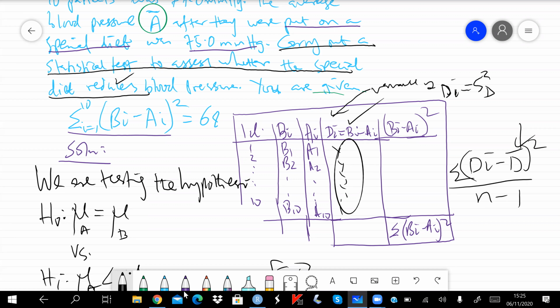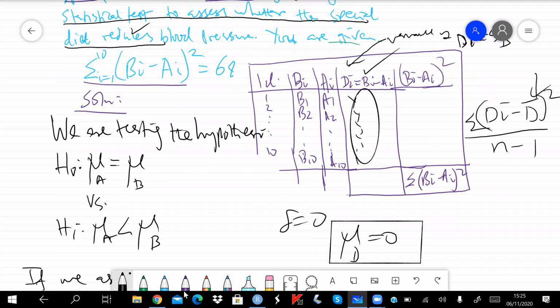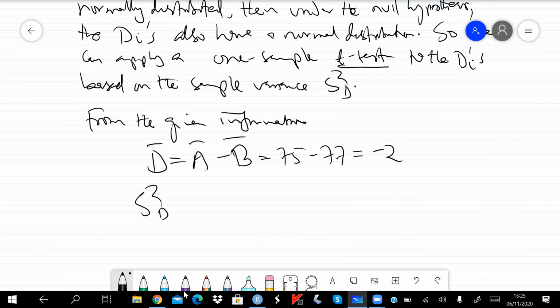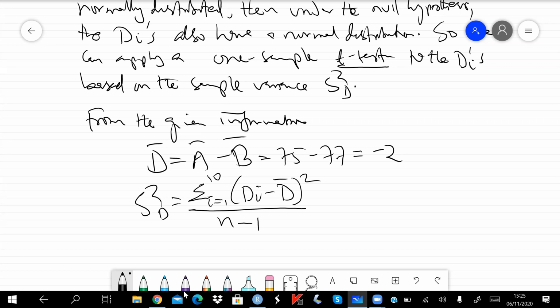We know that we can write that formula in a different way. It is given by the summation of DI minus D bar squared, divided by n minus 1.